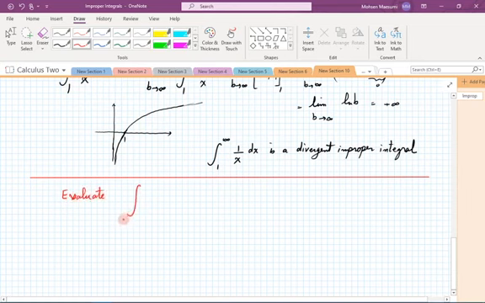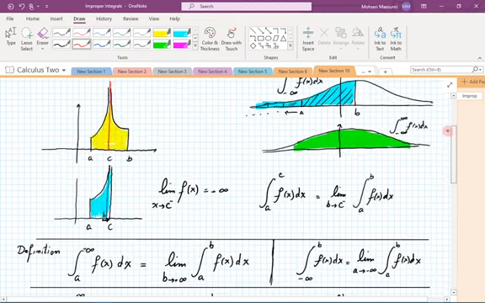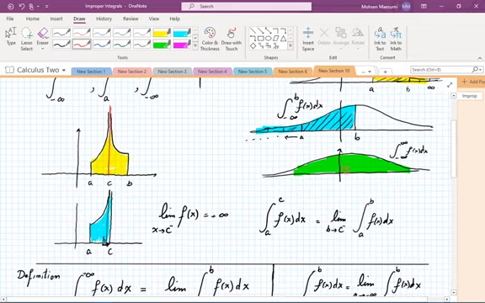Now let's do a case where we have infinity on both ends, from minus infinity to plus infinity of, say, exponential of x over 1 plus exponential of 2x dx. Okay, this you go and graph it. It's going to look like this kind of picture.